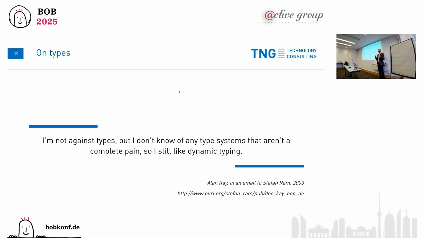And I personally believe that the success of dynamically typed languages like JavaScript and Python over the last 20 to 30 years is largely due to the fact that all the serious alternatives were based on subtyping. And therefore, well, a complete pain.